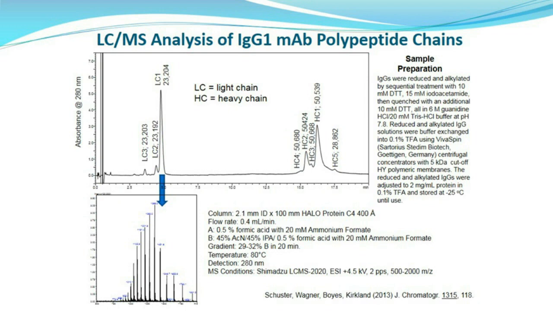In this case, looking at a light and heavy chain separation, you can find the details in the reference at the bottom of this slide for an IgG monoclonal antibody heavy and light chain separation and the associated mass spectral data, in this case using ammonium formate formic acid mixture as the mobile phase modifier.